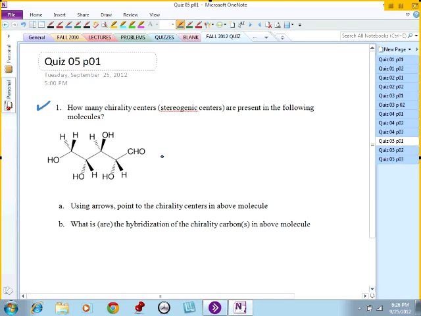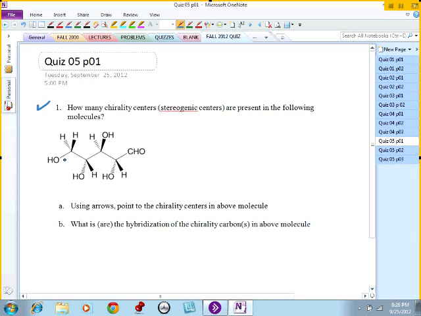Okay, very good, and thank you. So the question here is, how many chirality centers, sometimes referred to as stereogenic centers, are present in the following molecules? Okay, how many chirality centers are present here?